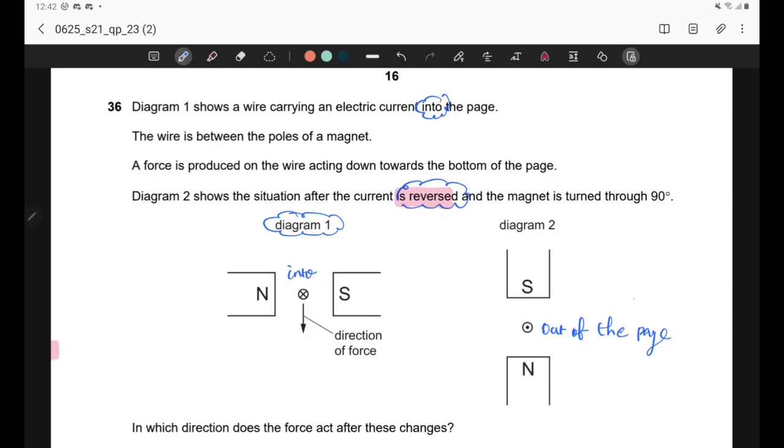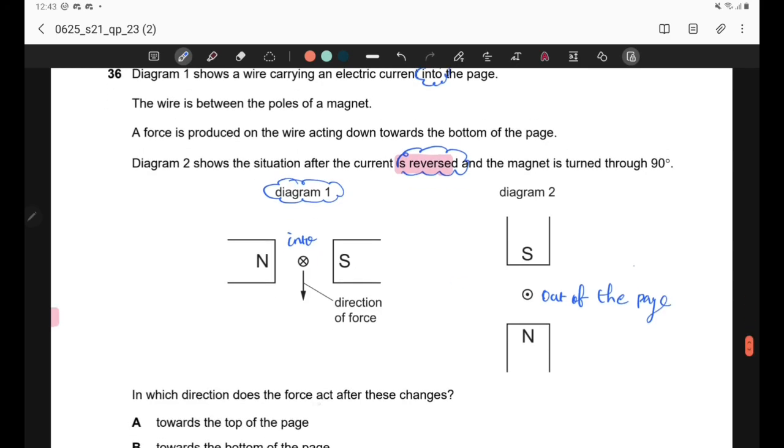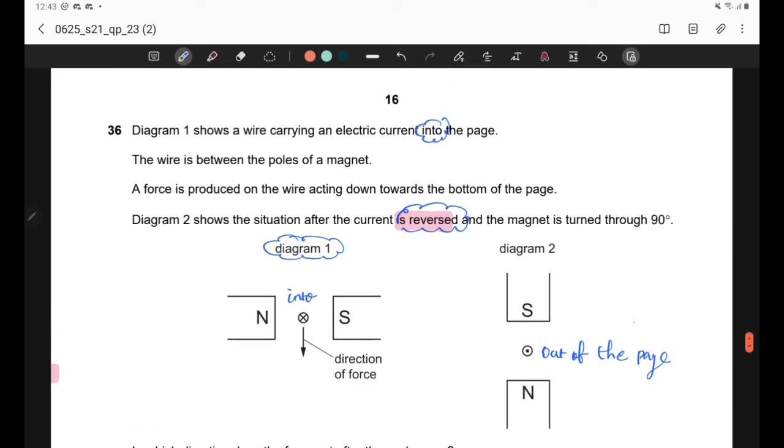And the magnetic field direction also changed. In which direction does the force act after these changes in diagram 2? So we have the direction of current which is out of the page.